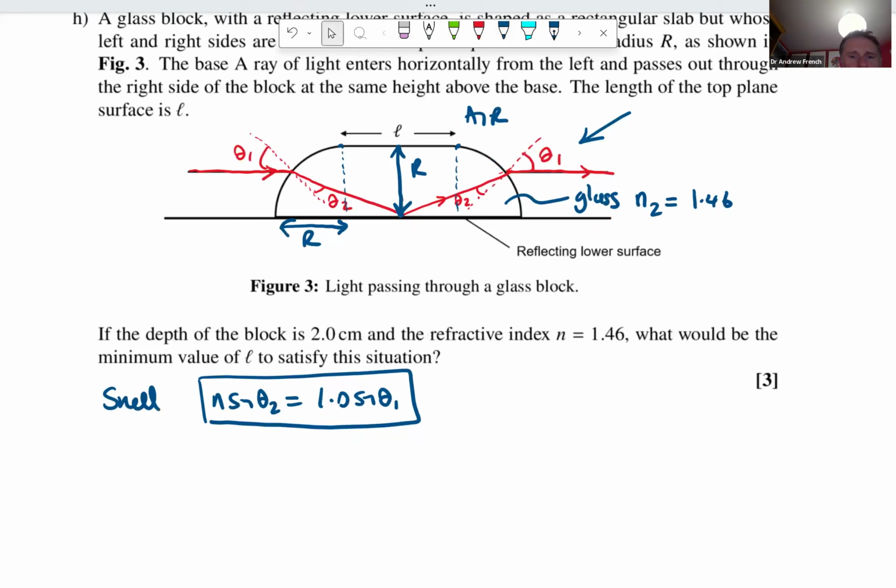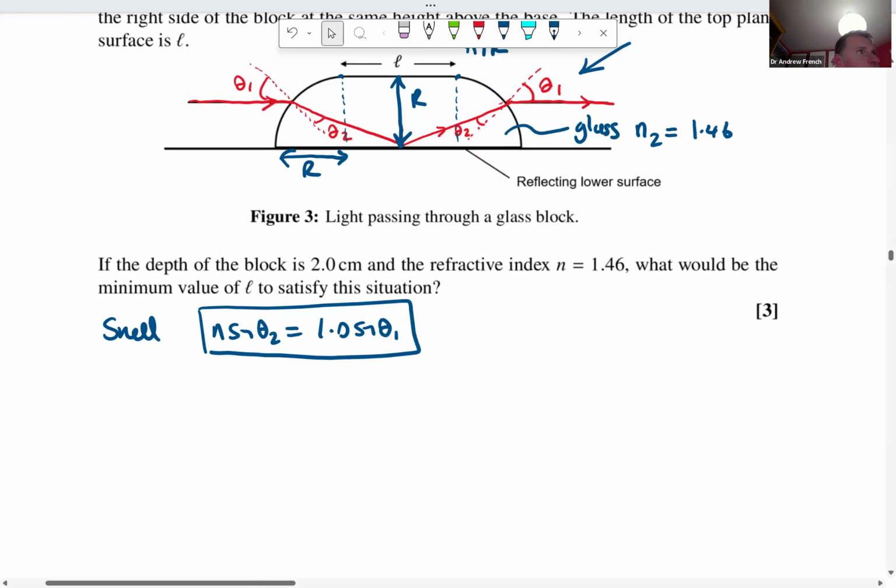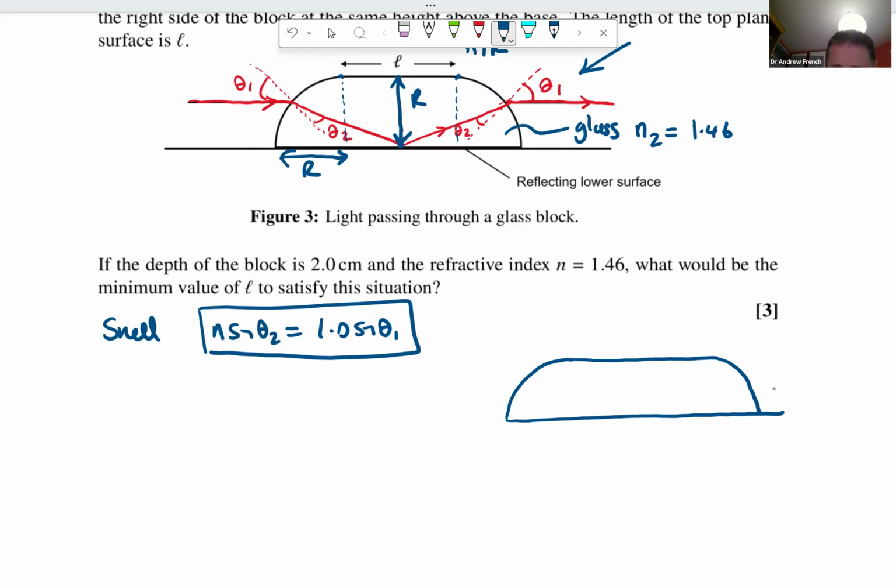So let's just redraw that and see if that makes any sense. Let's see the situation like this, where that comes out. That's not symmetric, apologies. Okay, here we go. There are our quarter circles. Let's make that last one more like a quarter circle. And we've got our light coming in here, and coming out like that.